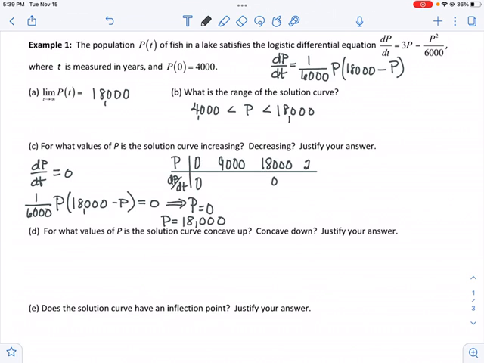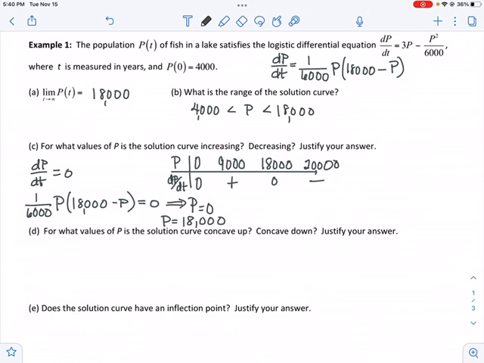Then I'm going to use a test point after 18,000, even though we're saying that we can't use values for that, but the equation is going to pull the value back down. So it is kind of important that you note this. If I plug in 9,000, then dP/dt is positive, and if I plug in 20,000, dP/dt is negative.